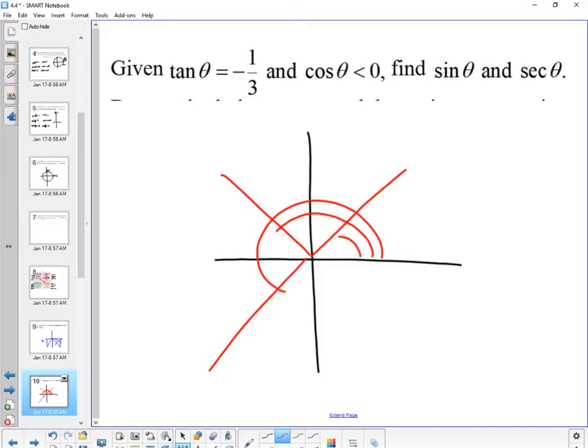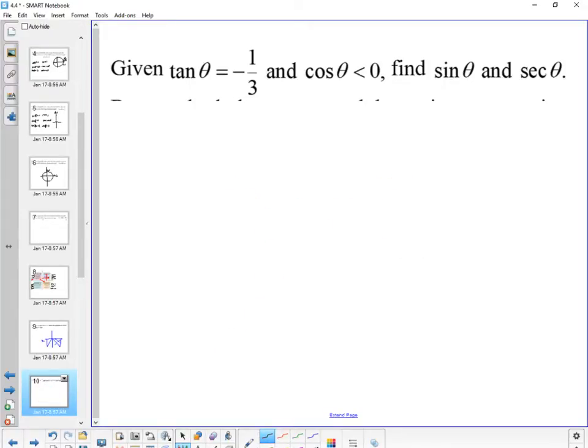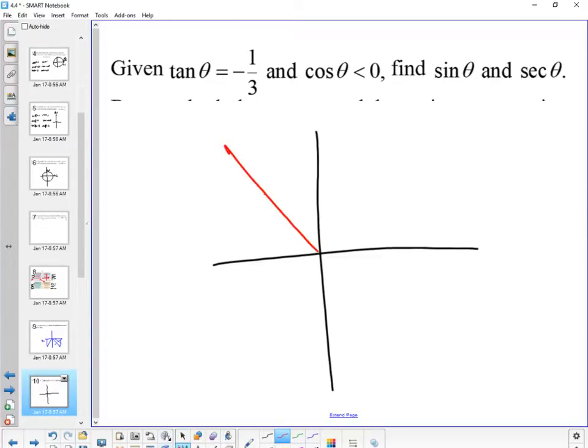Now, here, go see if it's there. Here I have some terminal side of an angle. What does that mean? That means after whatever amount of degrees I had to rotate, that's where I stop.